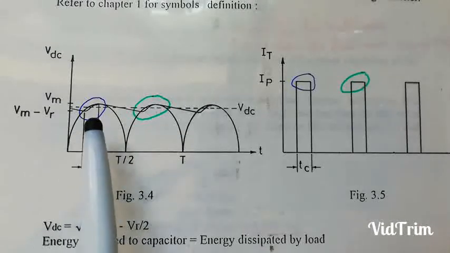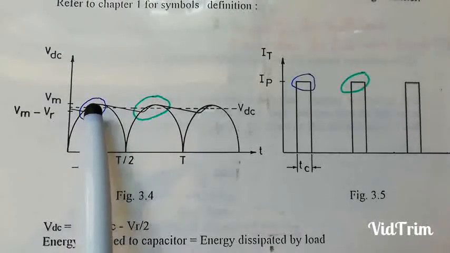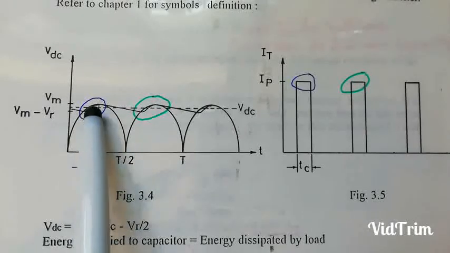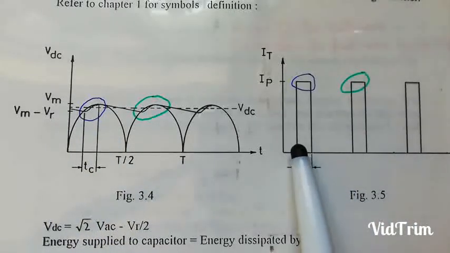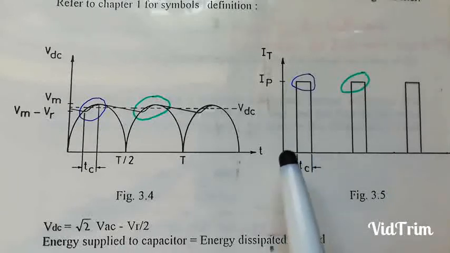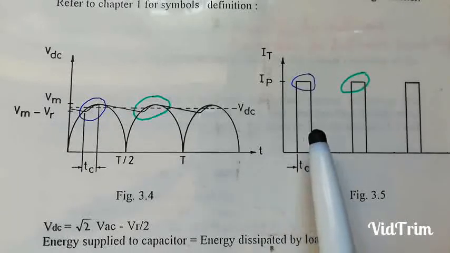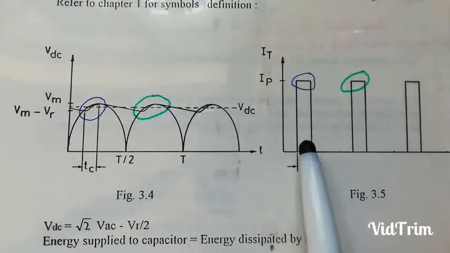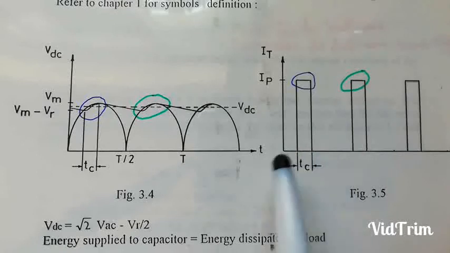The transformer only operates on this period, which we call the conduction time. And the current becomes peaky, like we see in here, and that changes the RMS of it. Of course, as many know, peaky currents tend to have a high RMS value.